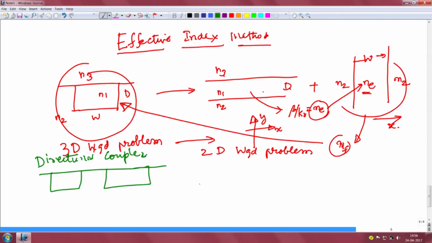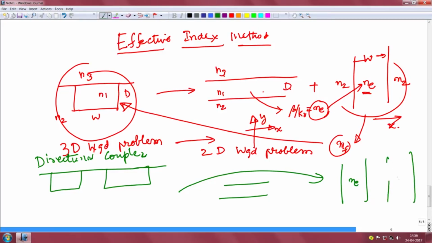We can reduce this into a 2-dimensional problem by using the effective index method, by finding the effective refractive index of the first asymmetric slab waveguide region, and substituting it for the refractive index of the guiding regions of the individual channel waveguides, N2, NE and N2.